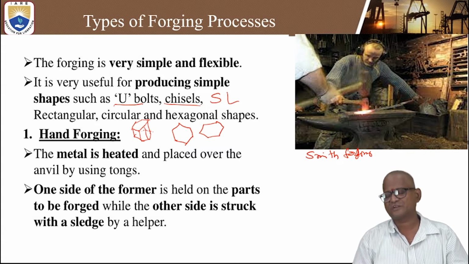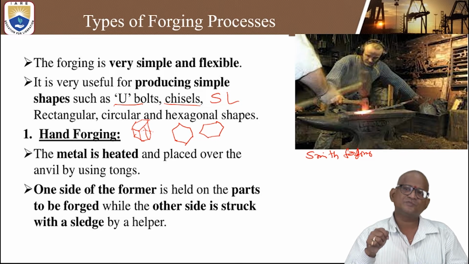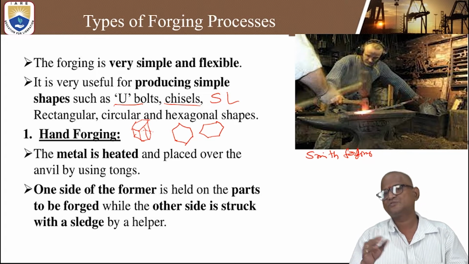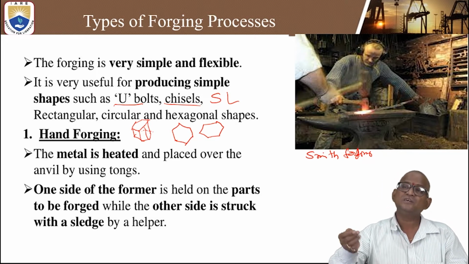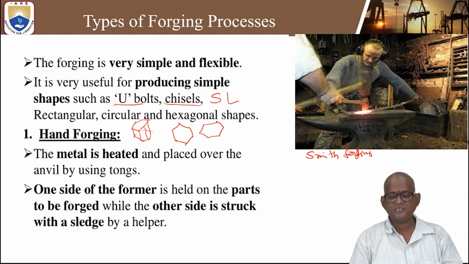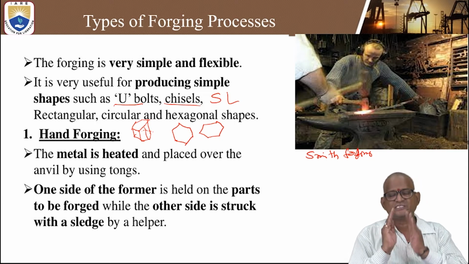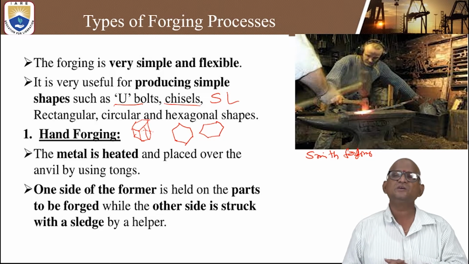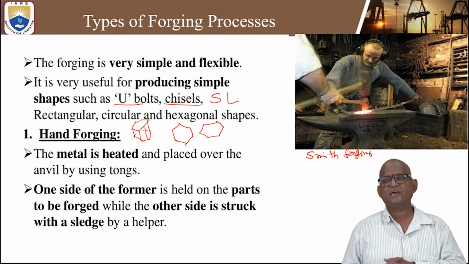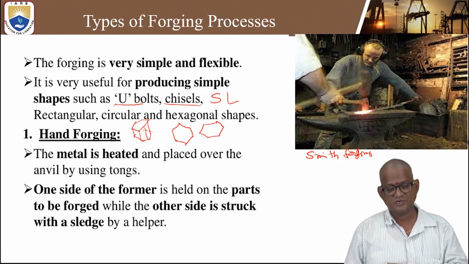If you take a lot of time to apply the pressure, it will cool and solidify, and once cooled and solidified, it cannot be shaped as originally. So immediately after heating to the required temperature, you apply the blows with the help of hammers to achieve the required shape and size.